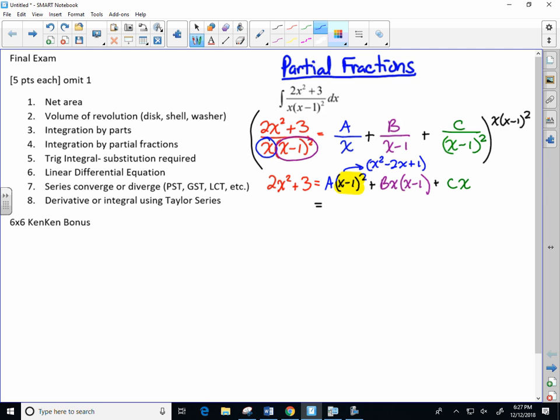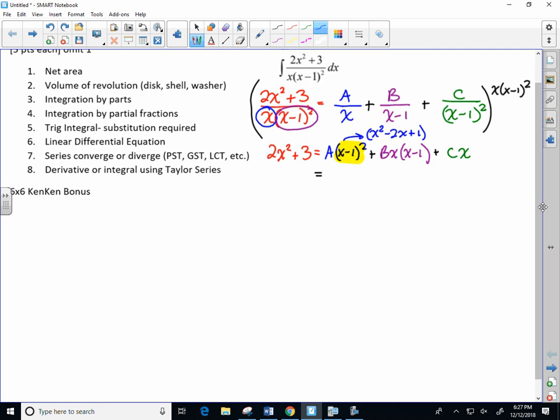So I'm going to multiply that by an A. So Ax squared minus 2xA plus A, plus Bx squared minus Bx plus Cx.